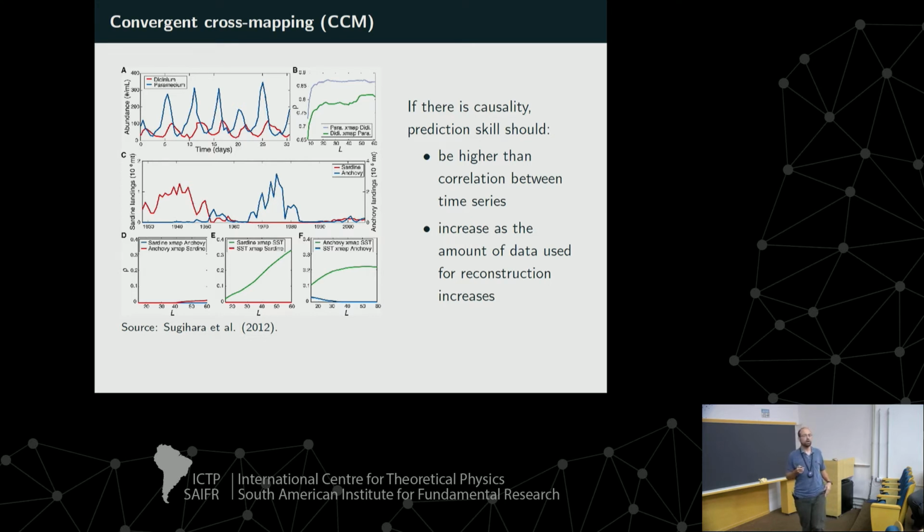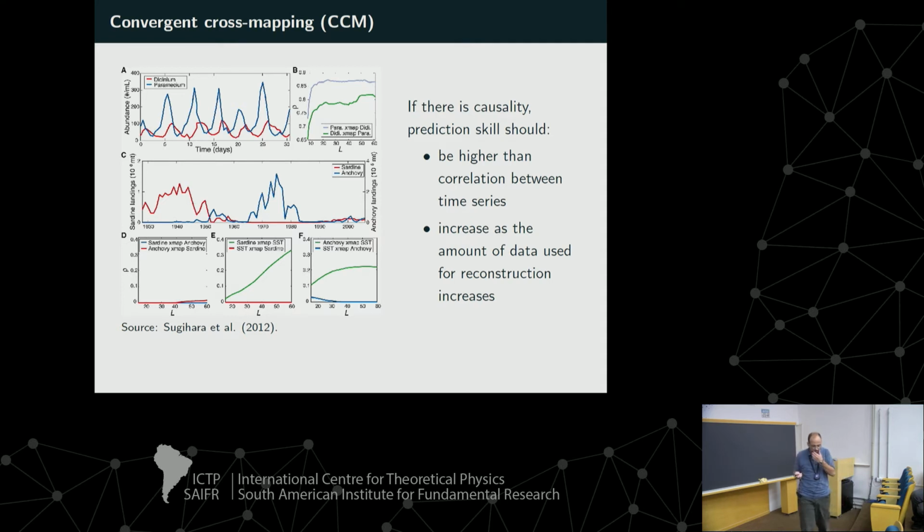Another criterion is that as you increase the amount of data, the number of time points you use to build your attractor, your accuracy should increase, because you sample more points in the manifold. So your prediction skill should increase until it saturates as you increase the length of the time series used to construct the attractor. Hence the name: this is called convergent cross-mapping, CCM, okay?